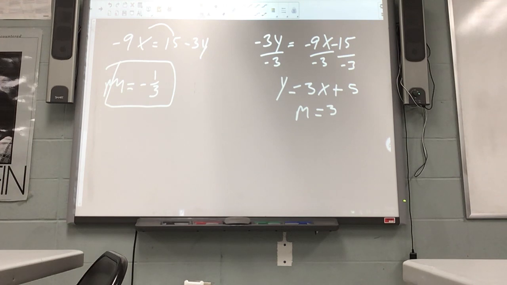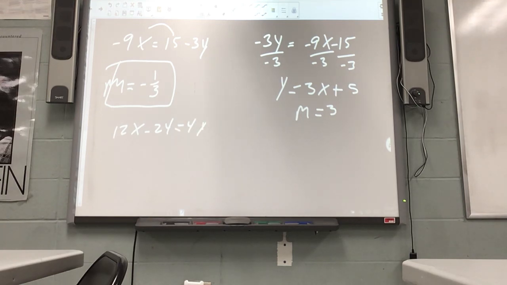Alright, so we've got to go through A, B, C, and D and figure out which one has the correct slope, which is -1/3. Do you think you know one, or you just want me to start on A? C. Okay, I heard C. Let's see what the slope of C is. 12x equals 4y minus 4.